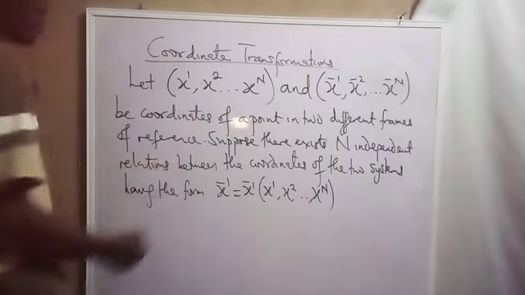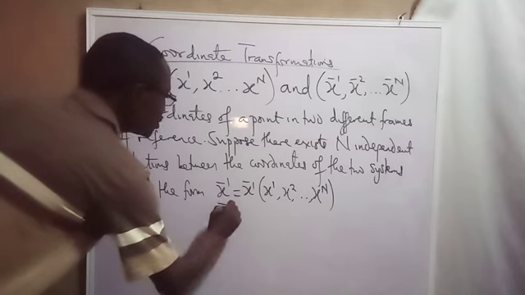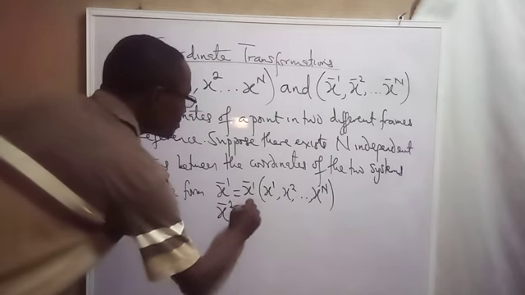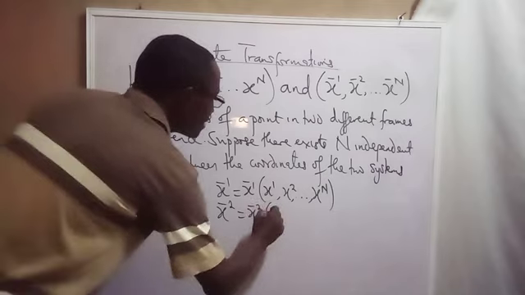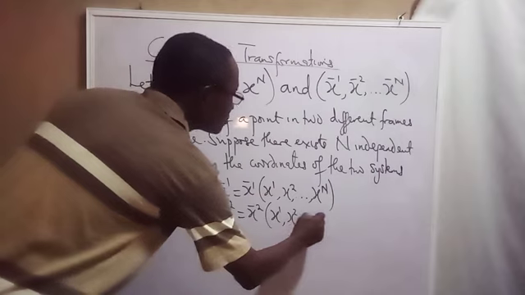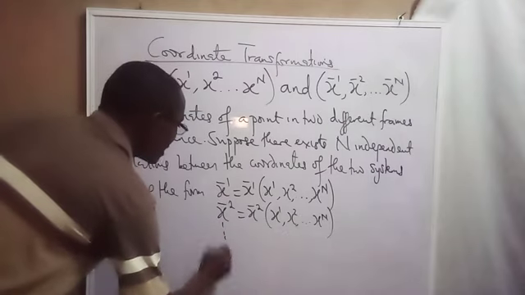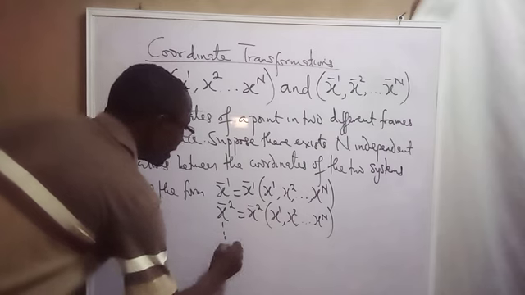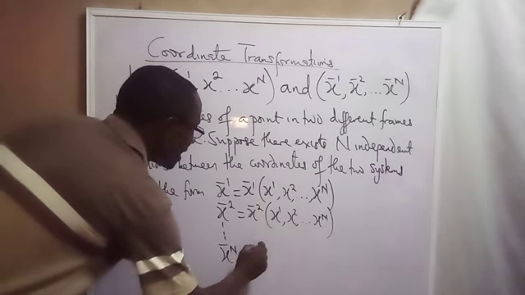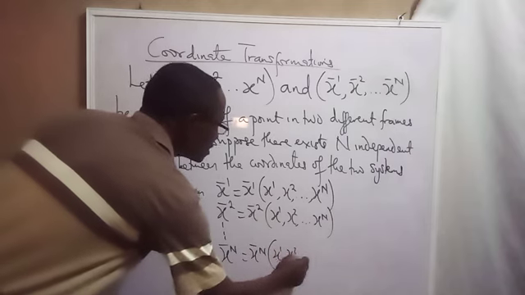Now we want to show something. Just relax. So the next one will be what? x bar 2 is a function of the same coordinates. And until we get to x bar n, which is x bar n of the same coordinates.